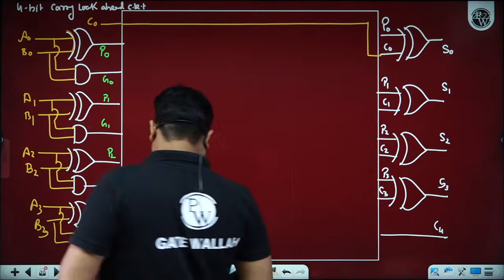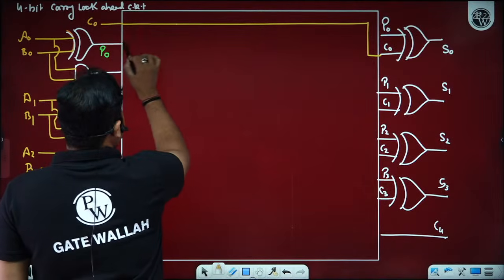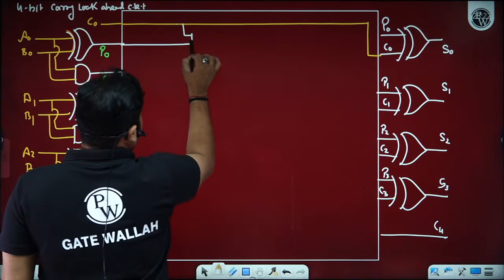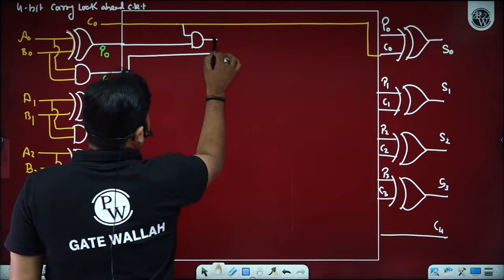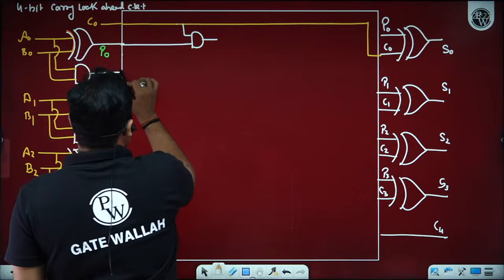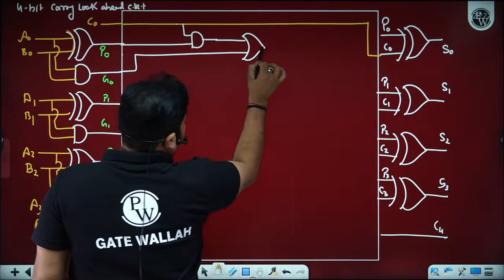Is it okay? Yes, sir. And when we see the carry expression, what is C1? C1 is basically P0 C0 plus G0. How many of you able to understand? Please let me know by writing in the comment section, beta ji. So we have C1.